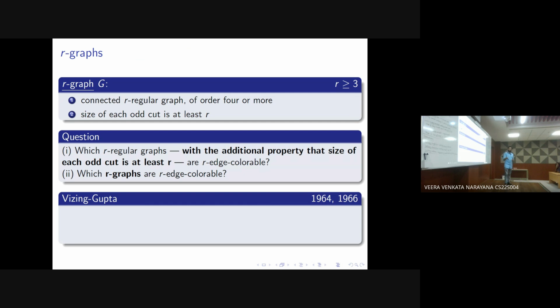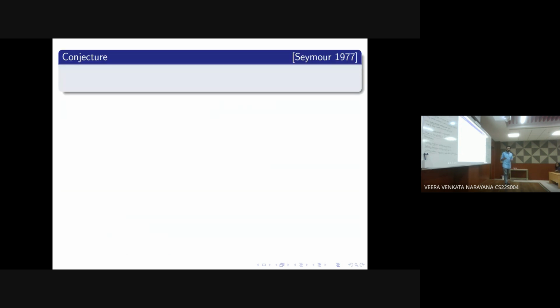So recall the famous Vizing theorem. If you take any simple graph, it can be colored using delta plus 1 colors, where delta is the maximum degree. Note that this is only for simple graphs. So Seymour in 1977 conjectured that if you take any R graph, not necessarily simple, we can color it using r plus 1 colors.